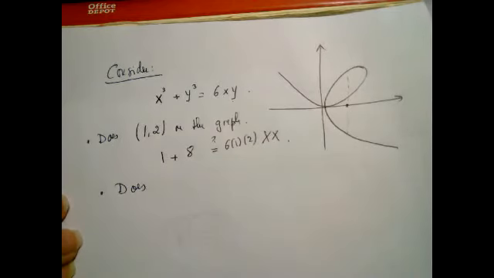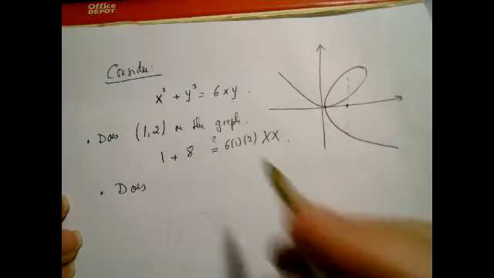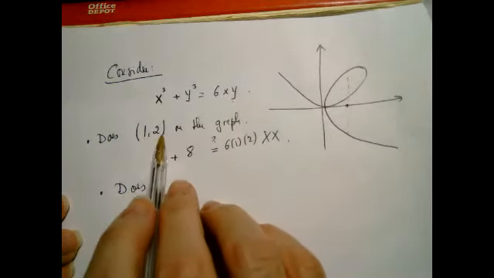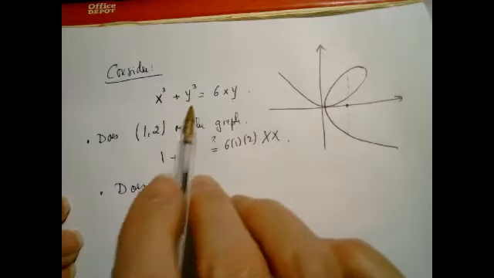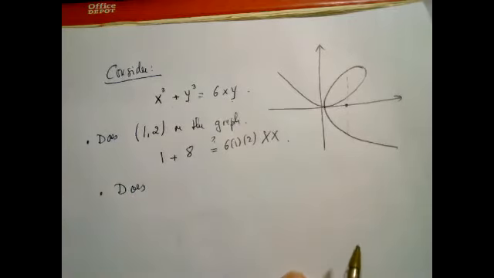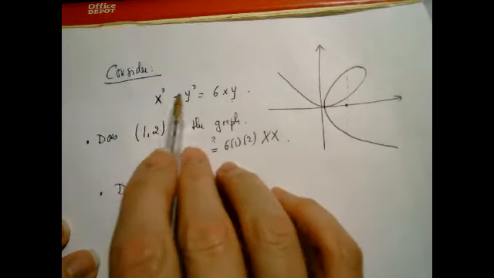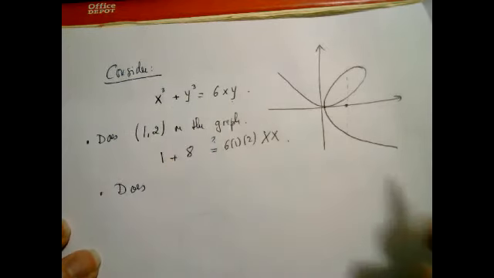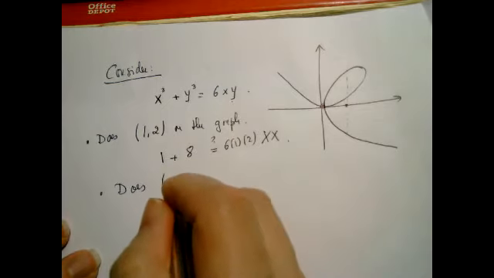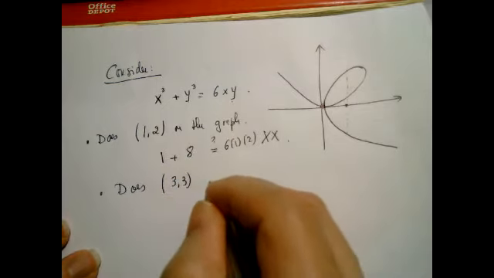Can anyone give me a point on the graph? It means, can anyone give me a pair x and y that satisfy this equation? 0, 0, absolutely. If I take 0 here, that's a point on the graph, which is this point right here. Now, is the point 3, 3 on the graph?